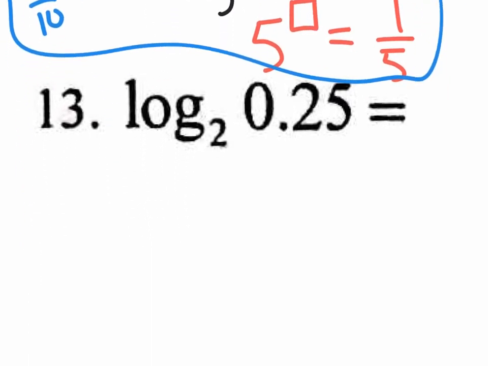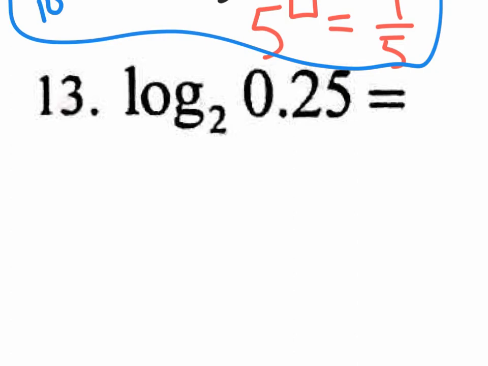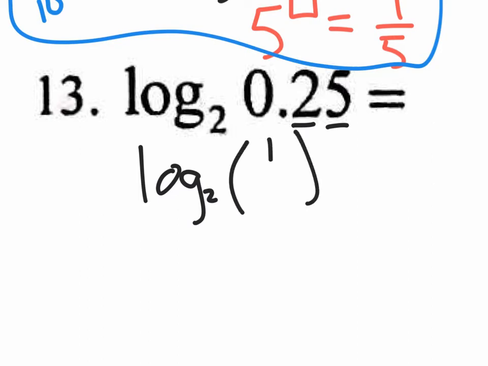Number 13, let's change that decimal to a fraction, and I'll really have log base 2 of what? If you went, this is the 10th position, this is the 100th position, you really have 25 hundredths, but 25 hundredths reduces down to what? 1/4. So I really have log base 2 of 1/4.